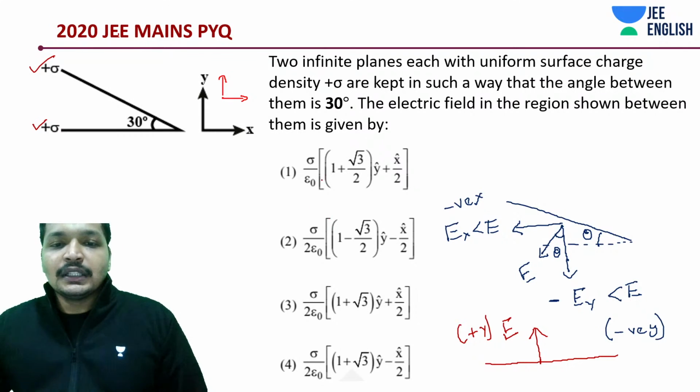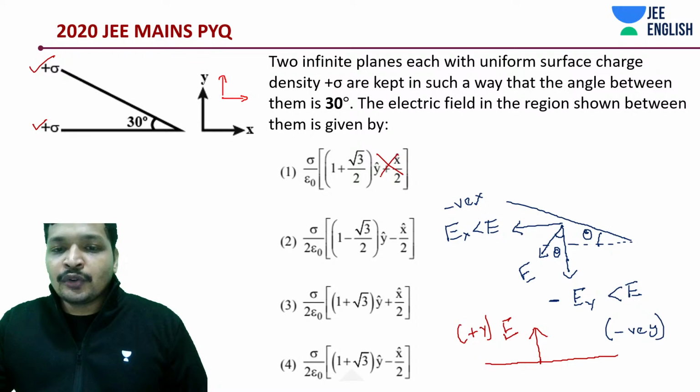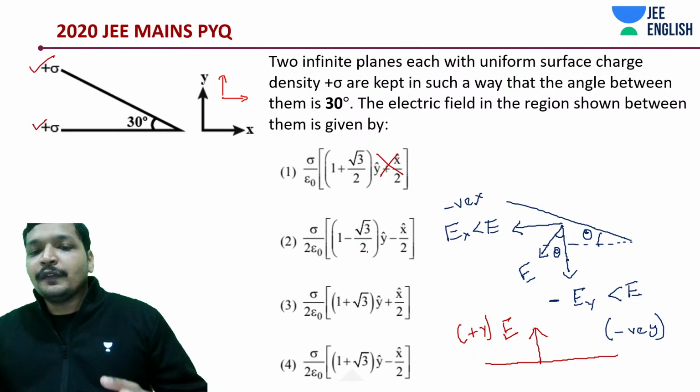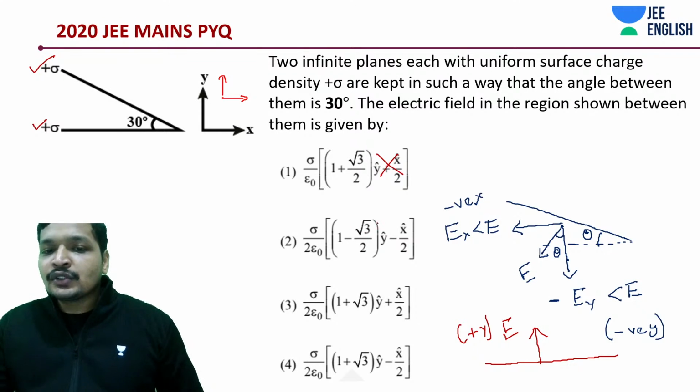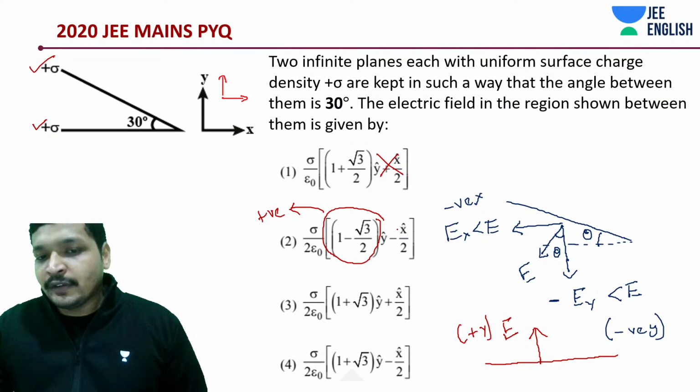which is that thing? See, this has positive x, see negative x, something smaller than e, so this is not true. This has 1 minus of some electric field, minus of root 3 by 2, which is less than 1, so this is overall positive y, and this is overall negative x.